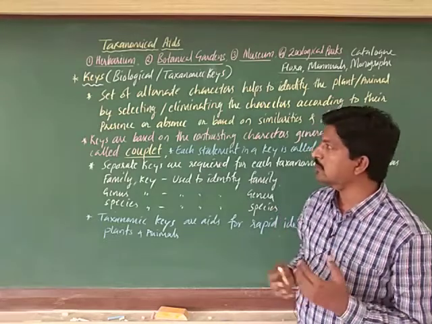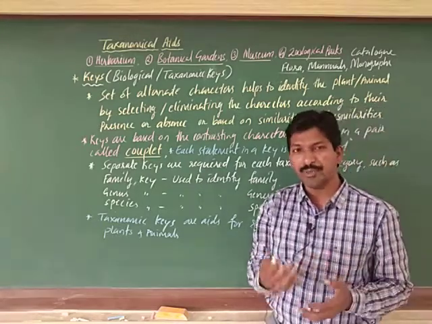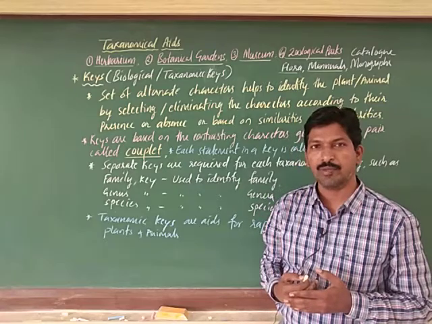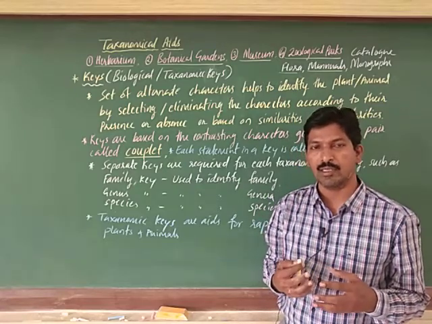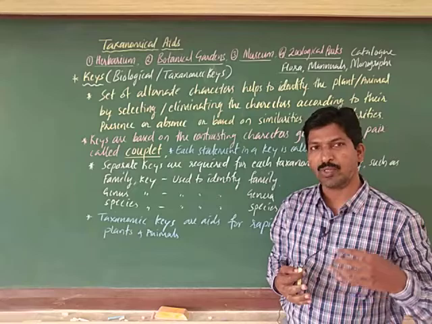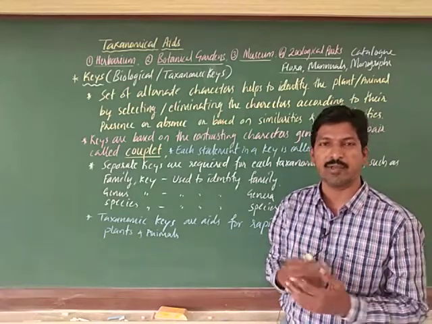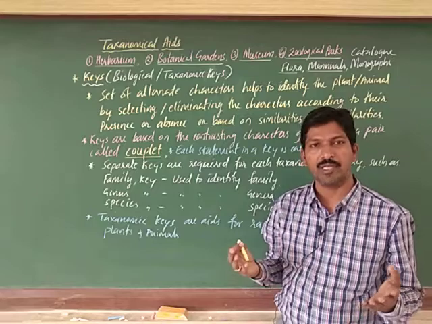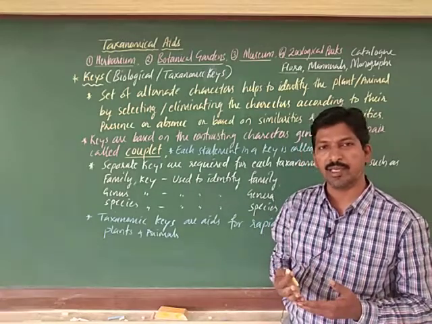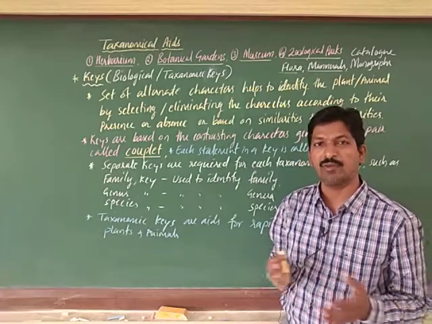How will it be useful? Whenever we want to get the meaning of a word, we go to the dictionary, we easily identify it and get the meaning of that word. How do you identify? Sequence wise, alphabet wise.